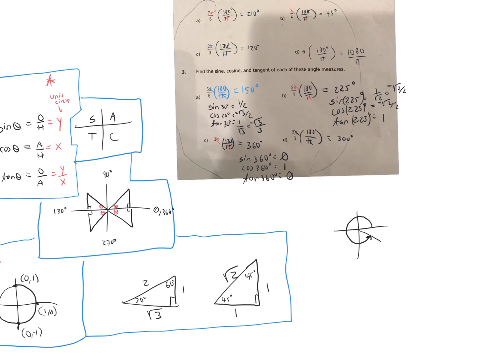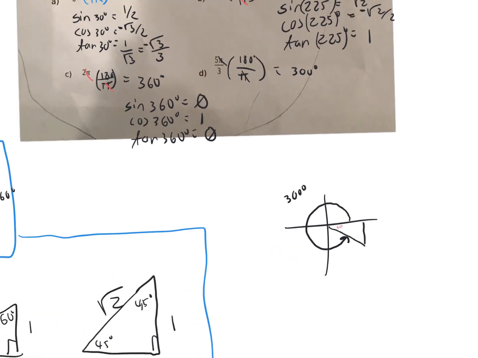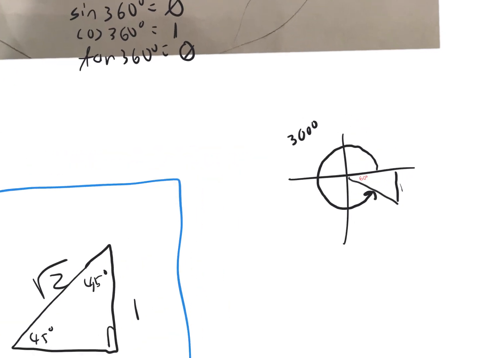So you could always draw that. Now, if that's 300 degrees, well, that means that this angle measure must, of course, be 60 degrees, which means we are dealing with the 30, 60, 90 triangle, only now across from the 60 degrees is radical 3. So we can definitely label that.